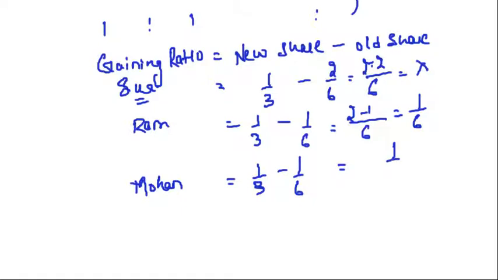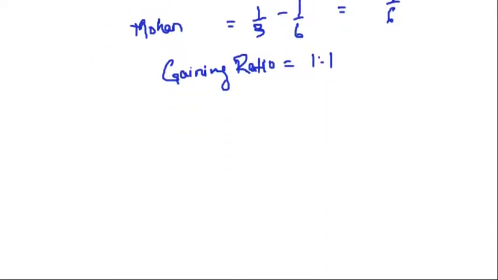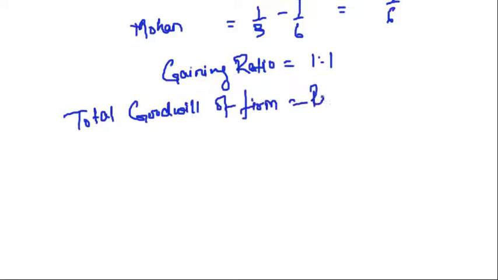This will also come to 1 by 6. So what is the gaining ratio? Gaining ratio is 1:1. Clear? Now, what is the total goodwill of the firm? This is given as rupees 72,000.